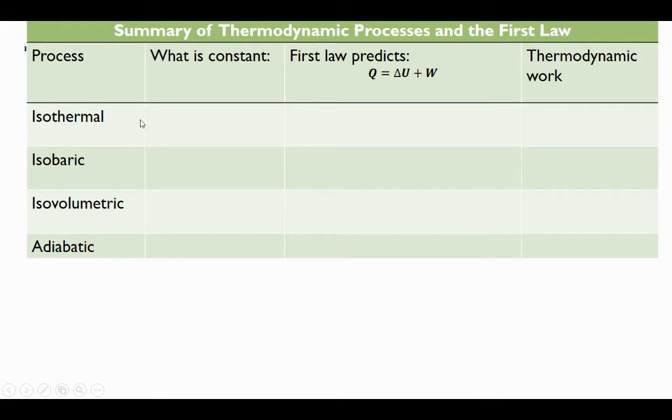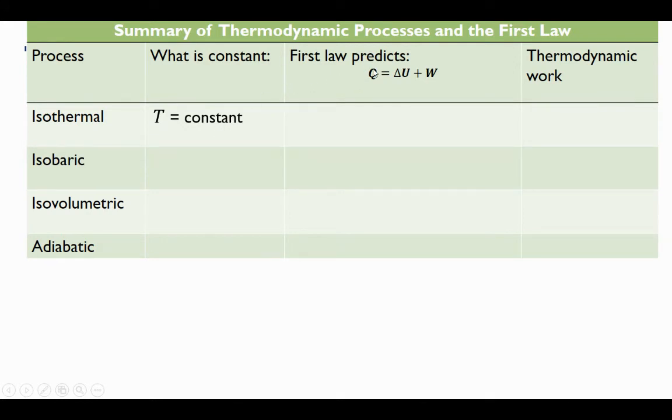So now we look at the summary of all the thermodynamic processes and the first law involved. For the first one, isothermal, the physical quantity that remains constant is the temperature.